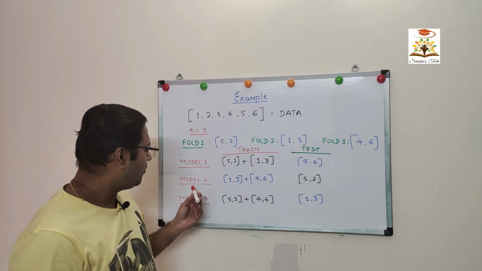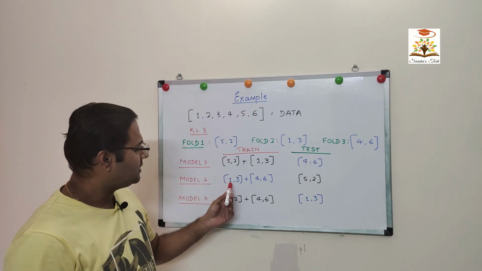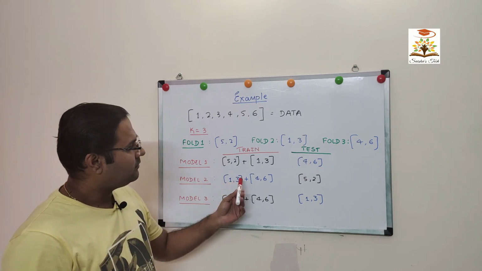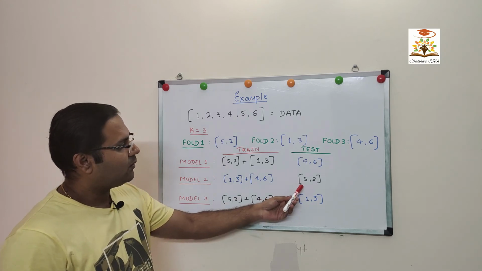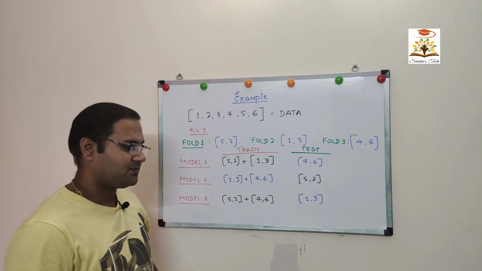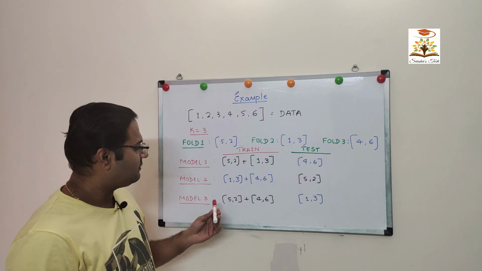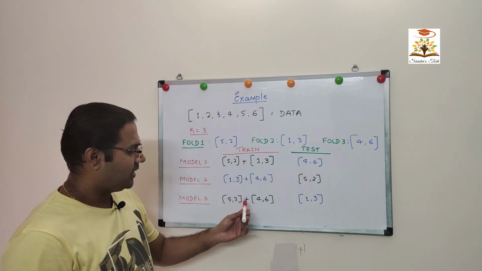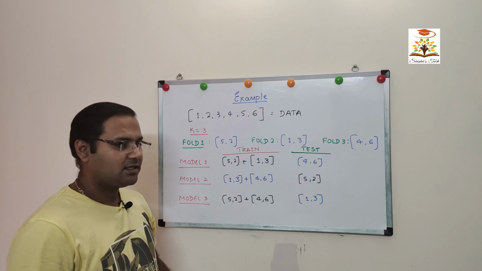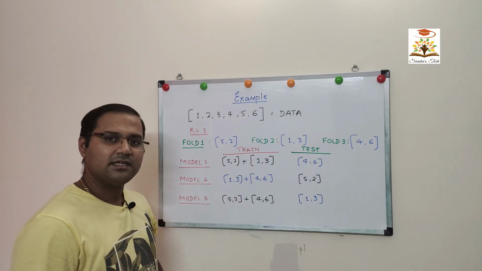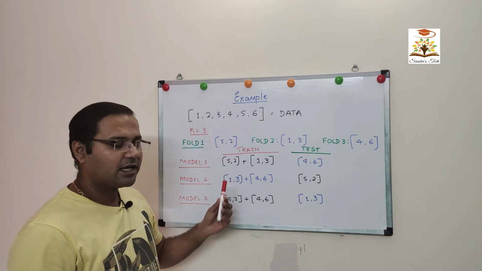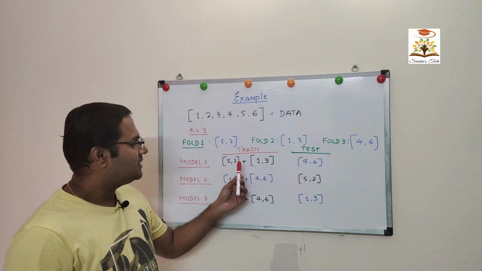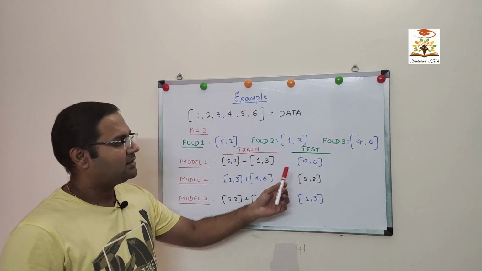Similarly, we are building model 2 where we are considering fold 2 and fold 3 as our train set and fold 1 as our test set. In model 3, we have considered fold 1 and fold 3 as our train set and fold 2 as our test set. For each of the models, we record the results of train error and test error.